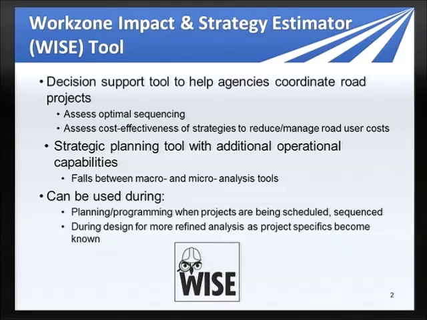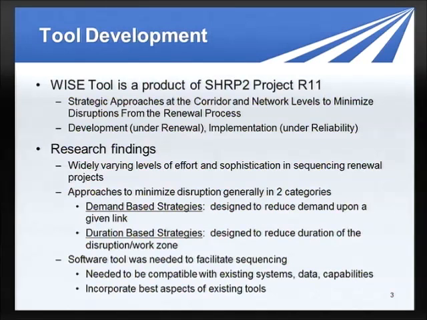So this tool is intended to be used during the planning and programming stage of the project development process, but as more details become available, it can be used again during design to refine that, so it can be used in both places. In terms of the modeling spectrum or the tool spectrum, it falls in the mesoscopic area, between the macro and micro type of tools. So it's between the travel demand modeling on the macro level and the detailed simulation modeling on the micro level. So I'll talk a little bit more detail about the tool as we go forward.